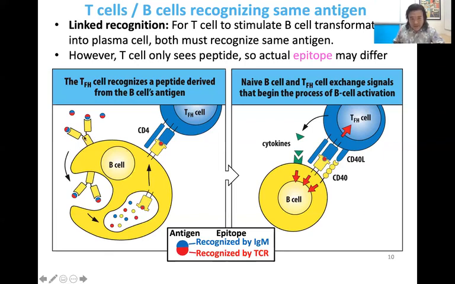And so when that B cell brings in that antigen and processes it, the peptide part is what gets loaded onto MHC2. Forget about the carbohydrate, the blue part that the immunoglobulin on its surface recognized. After processing this whole antigen, the red dot, which is the peptide part, is what gets loaded up on MHC. And that's how the B cell can interact with a partner T cell.